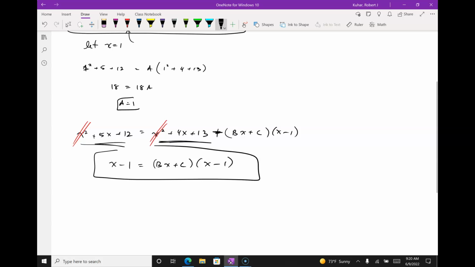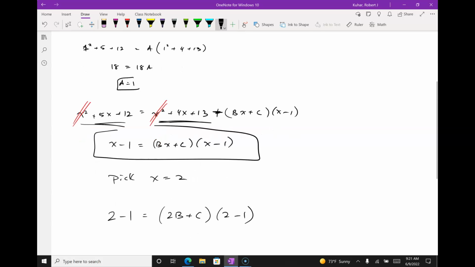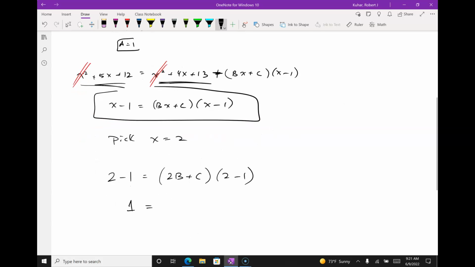And I can certainly pick x equals 2. And I end up getting 2b plus c equals 1. So there's the first part of my system.